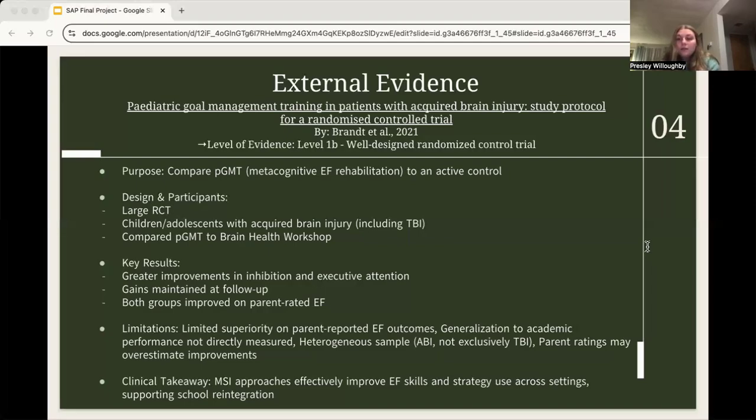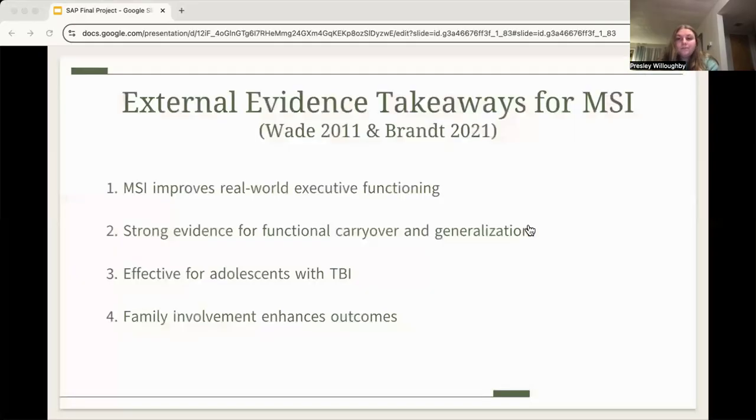Though some limitations included sample heterogeneity and overlapping improvements across groups, the performance-based results strongly support MSI as an effective intervention for executive functioning deficits.